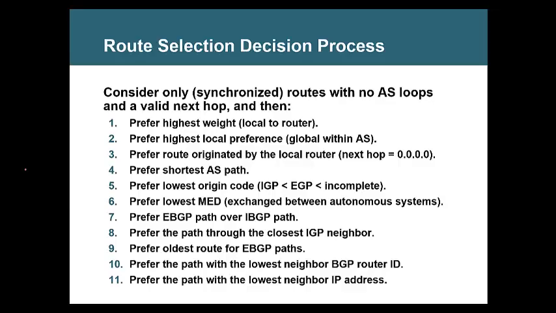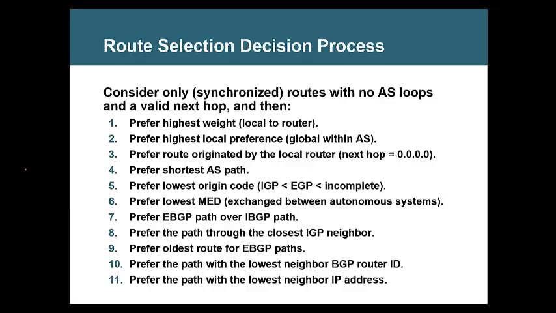Prefers route originated by local router. Meaning, if you have a next hop 0.0.0.0, which means that network is locally advertised.